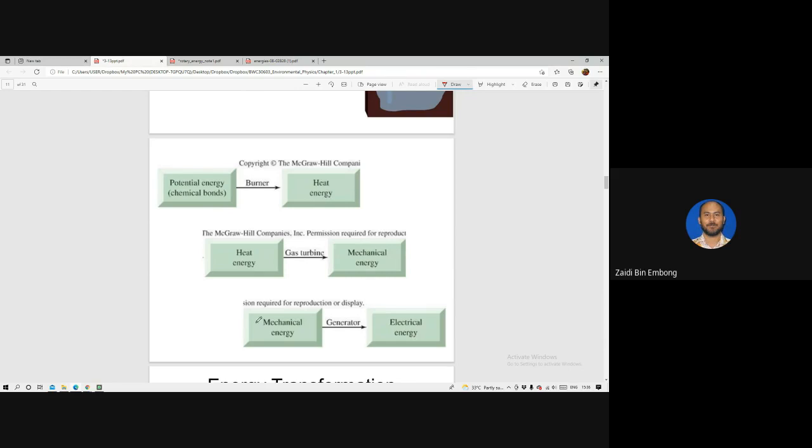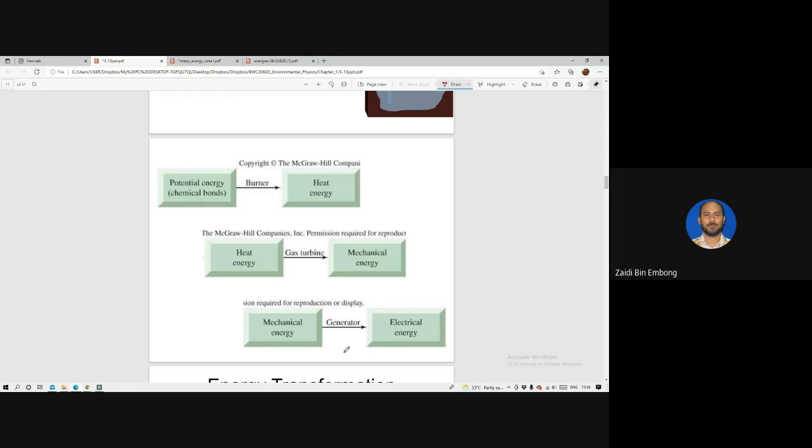From mechanical energy, the turbine rotates, and we have the induction, because in the generator there is a loop of wire behind there. Together with the rotating blade of the generator, we induce the electricity via induction.